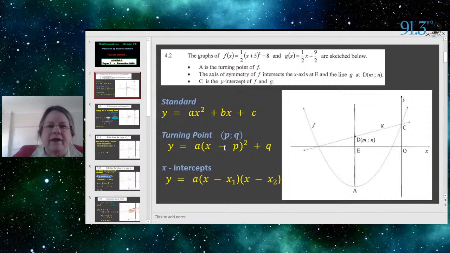Just a note, the negative comes from solving this part of the equation, because if you set it to 0, x will be minus 5 or negative 5.